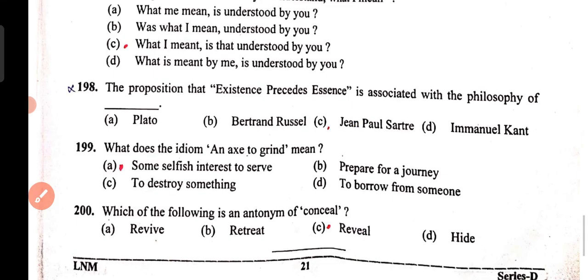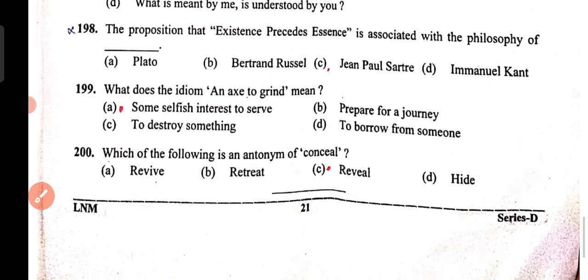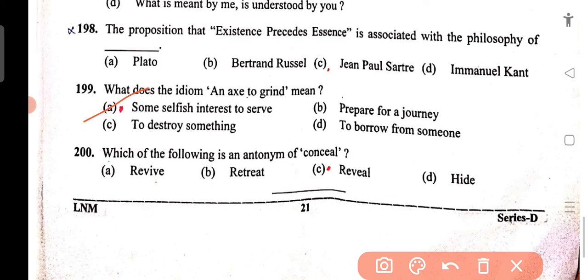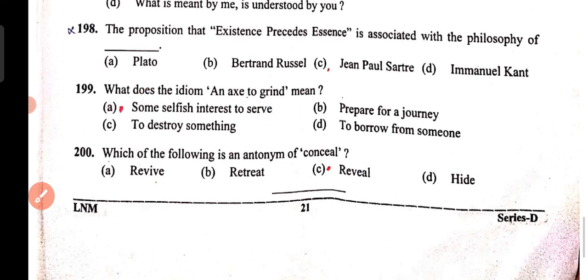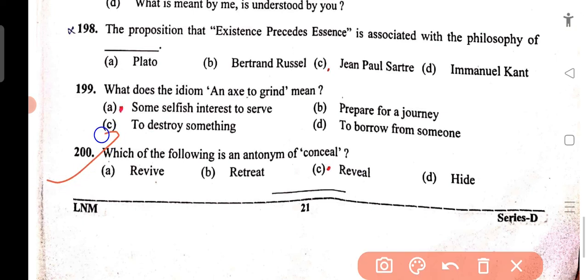Now the next, 199: what does 'an axe to grind' mean? Option A, some selfish interest to serve. Now the last question of this video, question number 200: which of the following is an antonym of conceal? Reveal.